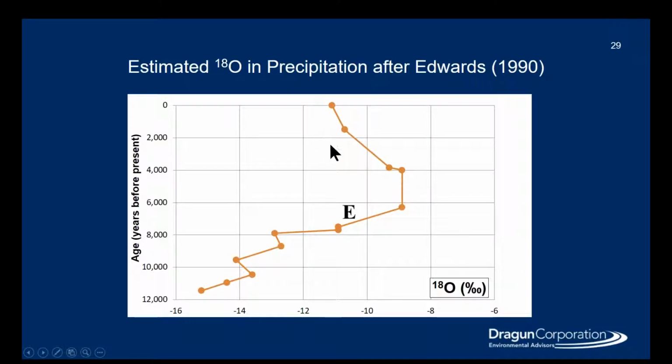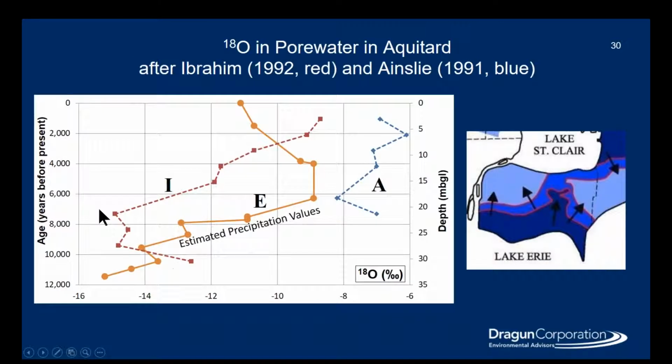And what we see is fairly recent, the last few thousand years, we're in that kind of -10 range. But when we go 8,000 to 12,000 years ago, the average precipitation in this area was glacial. It was much different from what we have now.